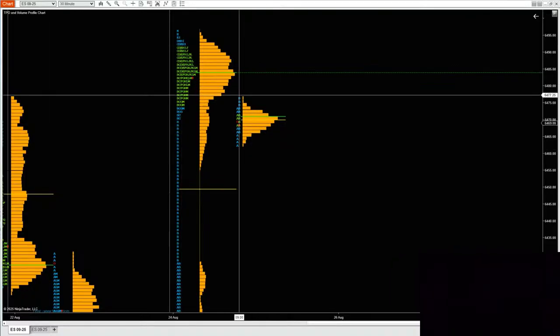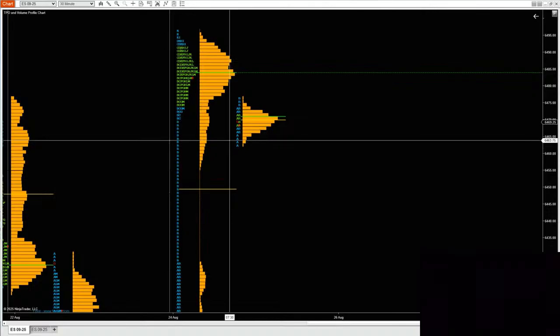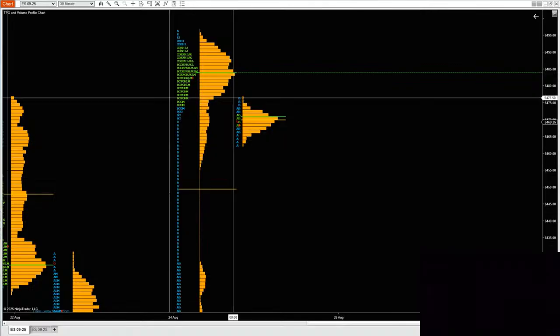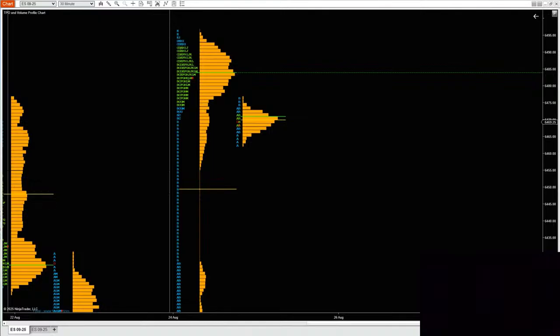IB range is very narrow. It's just 10 points, or yeah, 14, 15 points. It's not wide at all.